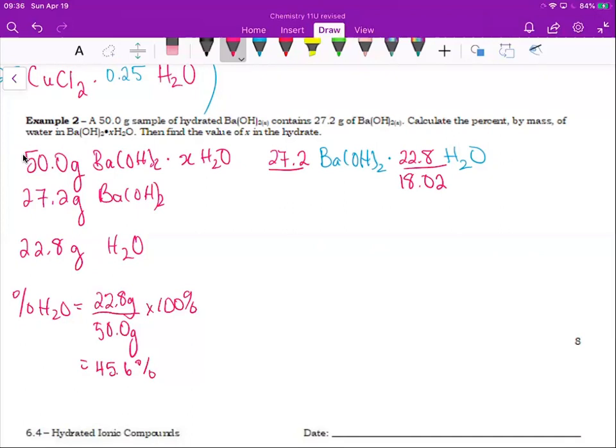So barium is 137.33, it's a heavy metal, plus two hydrogens, so that's 2.02, plus 2 oxygens, which is going to be 32, and I get a total molar mass of 171.35.